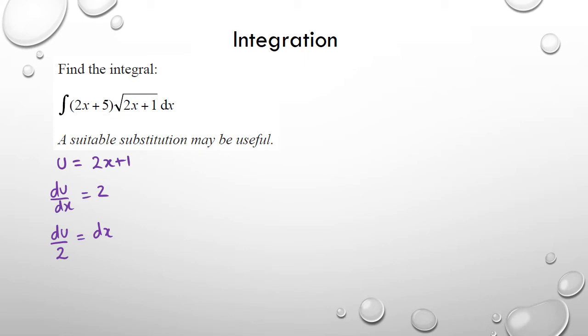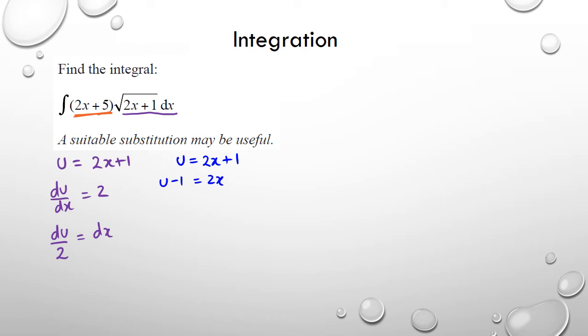The next thing is, the purple part is dealing with 2x plus 1 and dx. Now I need to deal with this 2x plus 5. I need to write 2x plus 5 in terms of u. Now what I could do is, because u equals 2x plus 1, I can write this as u minus 1 equals 2x.